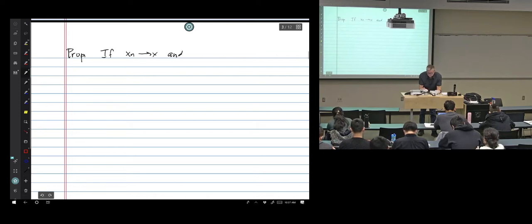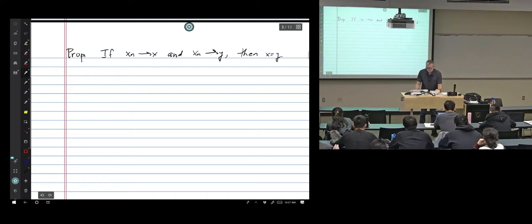Let's just do a little warm up then with sequences just to get us going. So first proposition. If xn converges to x and xn converges to y, then x equals y.